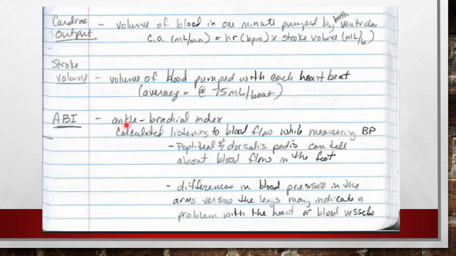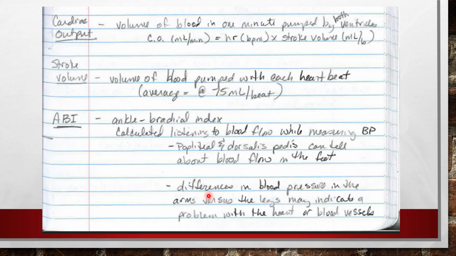ABI is the ankle brachial index. The ankle brachial index is calculated by listening to the blood flow while measuring blood pressure. The popliteal and dorsalis pedis, those pulse points, can tell about blood flow in the feet.